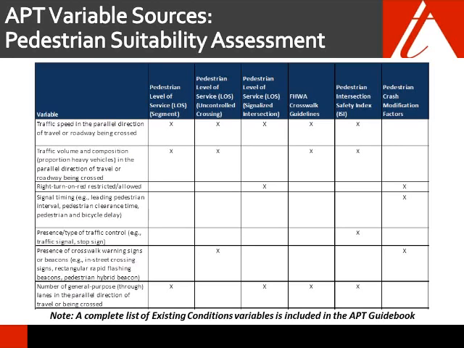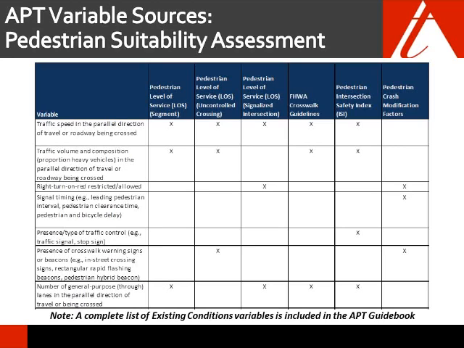So for example, the pedestrian level of service tool in the multimodal level of service in the Highway Capacity Manual showed us that there were certain variables used in that tool and that those would be good to be considered for a prioritization effort.